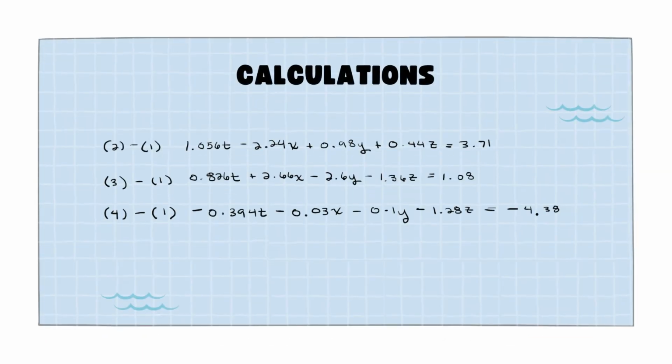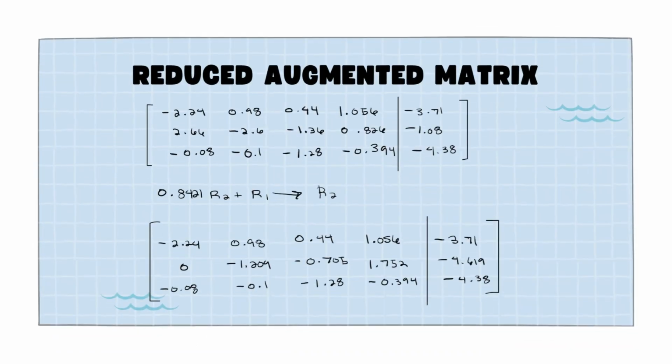Now, subtracting our equation number 1 from 2, 3, and 4, we now have 3 different equations. In the next 4 slides, you can see how we reduce this augmented matrix.